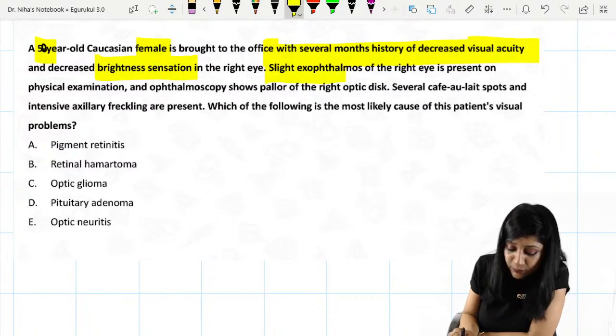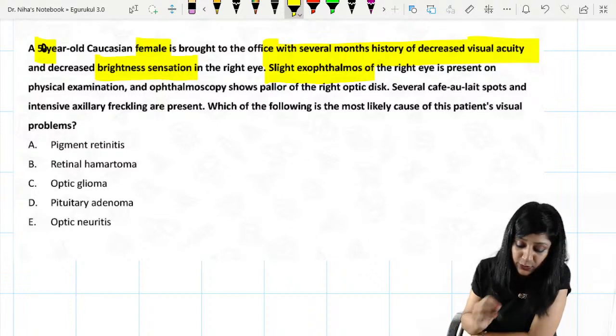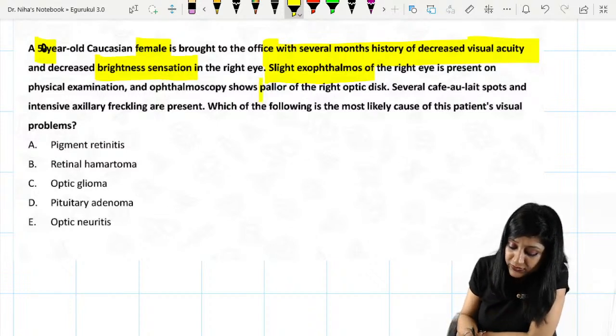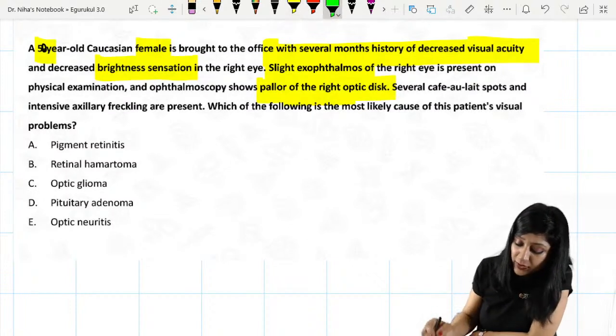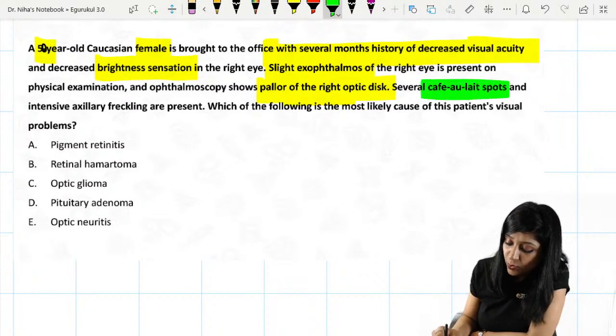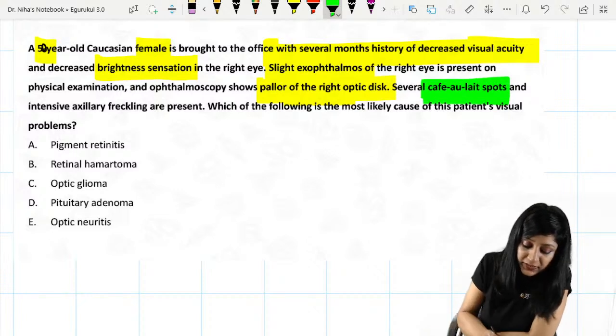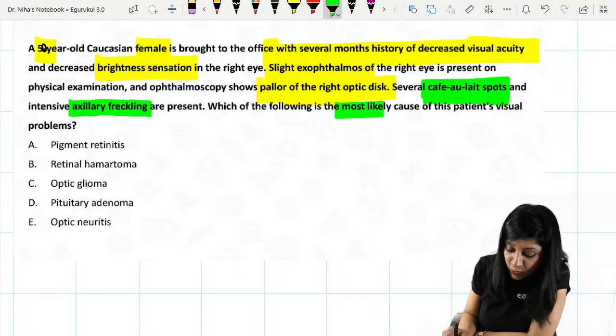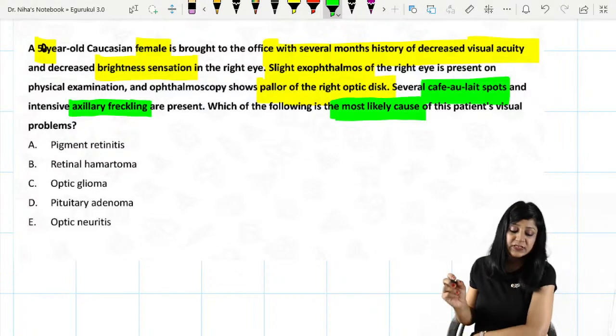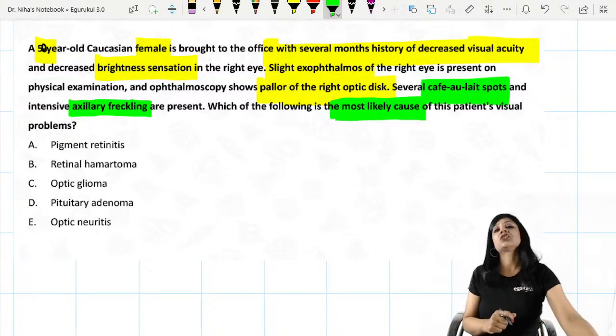Slight exophthalmos of the right eye is also present, and ophthalmoscopy shows pallor of the right optic disc. Then a very typical thing you are going to get here is café au lait spots. Axillary freckling is there. What is the most likely cause of this patient's condition?